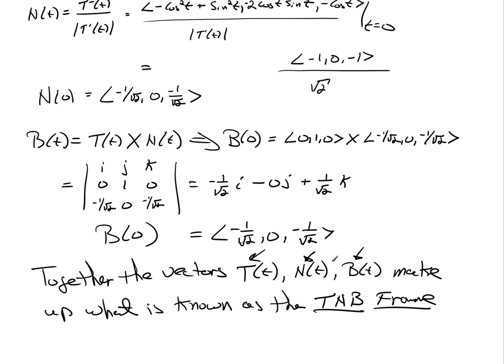So very quickly, I'm going to jump into Maple, and let's take a look at the TNB frame, specifically at that point we're looking at, the point (1, 0, 0), which of course implies that t equals 0.